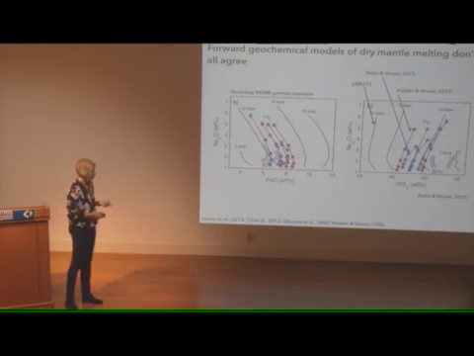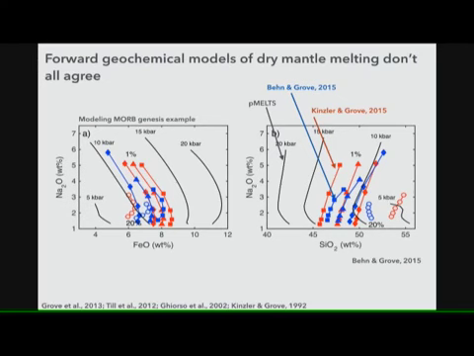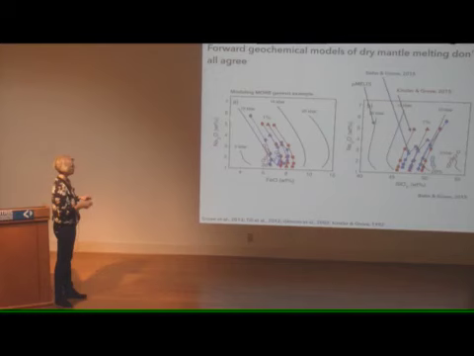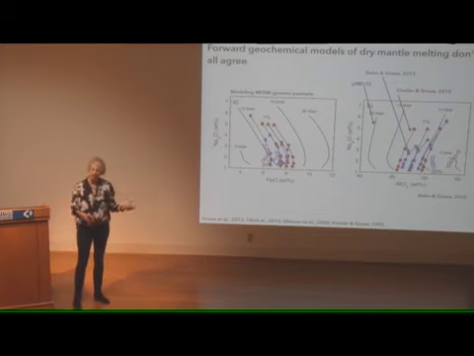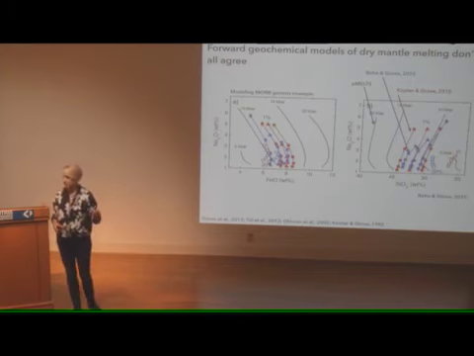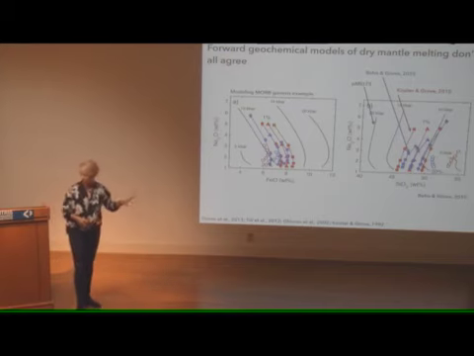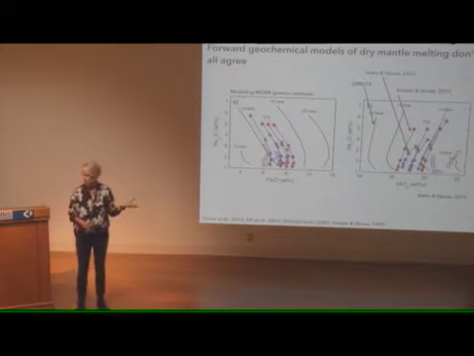Is it safe to say that everybody agrees at 10 kbars? Yeah, 10 kilobars agrees much better. It's at the highest pressures that things are really different, as you can see. This is sodium versus silica and sodium versus iron, and I chose those because they show the worst fit. I didn't put up the ones that all fit perfectly, because there are some elements in which they all agree great, but there are some ways in which they vary.